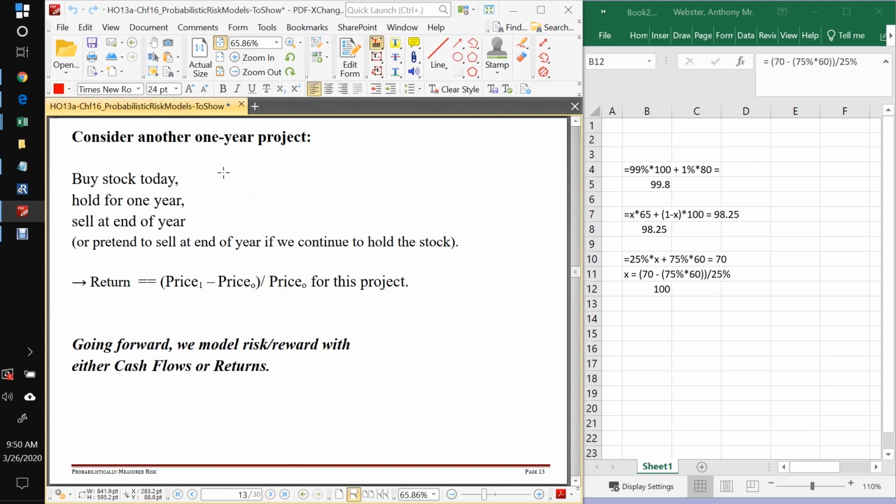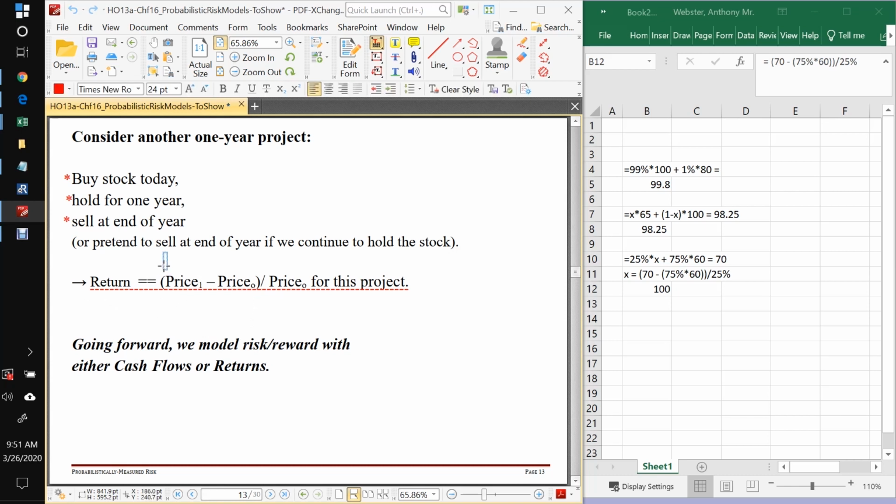So let's consider another 1-year project. Let's consider we buy a stock today, we hold for 1 year, and we sell at the end of 1 year. Or if we think we're going to continue to hold the stock beyond that, we will pretend that we're selling at the end of the year. Okay, so in this case, it's pretty easy to compute the return for this project. That's going to be the price of the stock at the end of the year, okay?